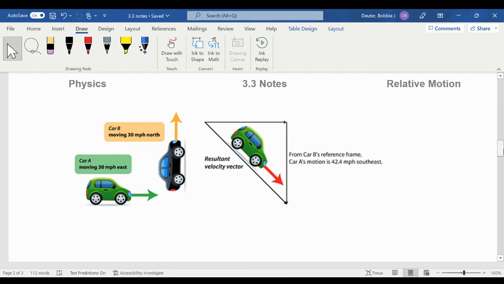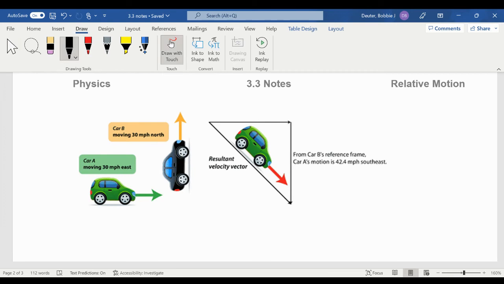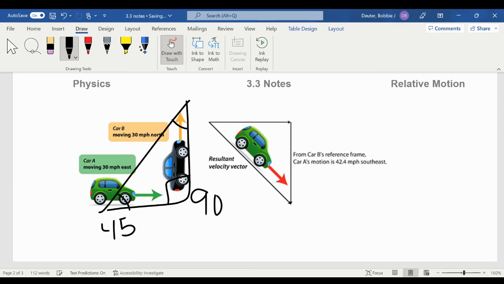So if we look at this right here, and we see these beautiful cars moving in this direction here, we know that this is a beautiful 90-degree angle, and these two angles right here are going to be 45. Just like in section 3.2, it's really important that we know the magnitude and the velocity of these.